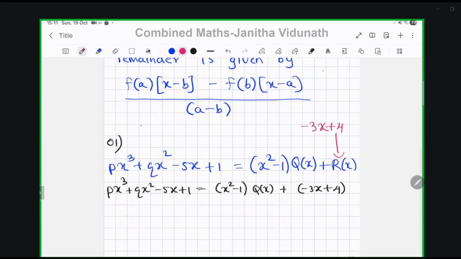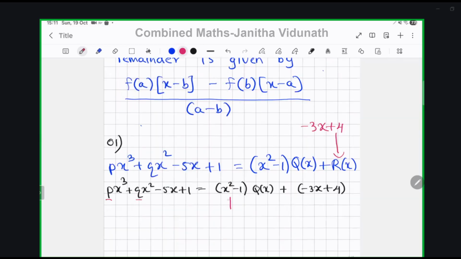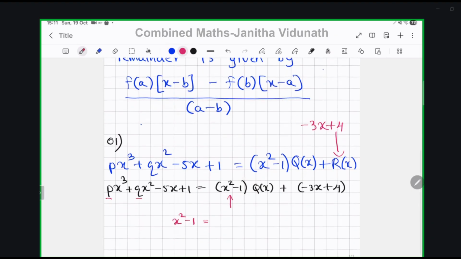Now, they ask us to find the values of p and q. This is our divisor. Our divisor is x square minus 1. Now, we can rewrite our divisor as x minus 1 times x plus 1. That means we can write our divisor as a product of linear factors.